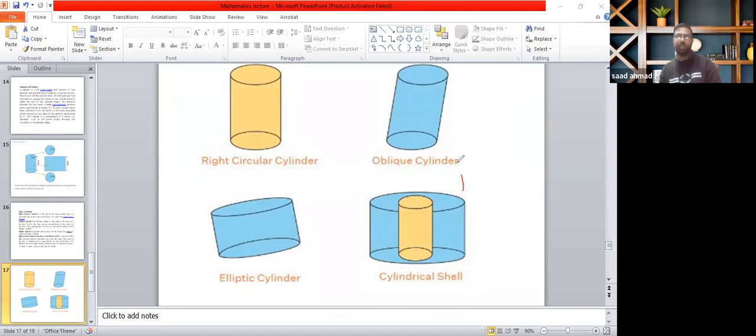But if it is similar to the above one, say I make a hollow circle in that one, then it's an oblique cylindrical shell. If the angle between the axis and the radius is not 90 degrees, then you call it oblique.